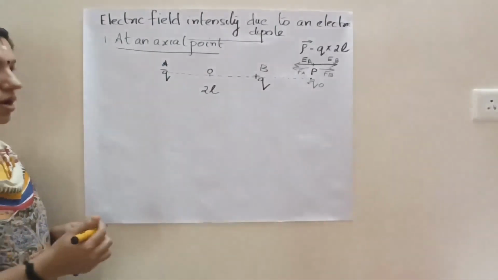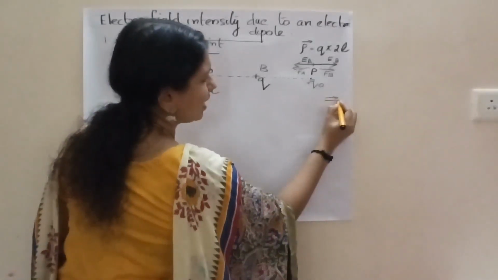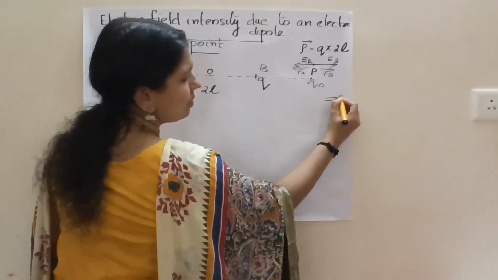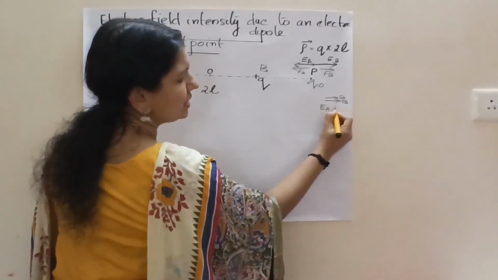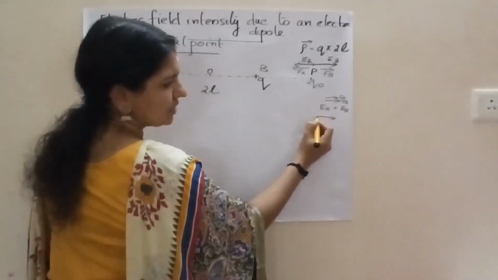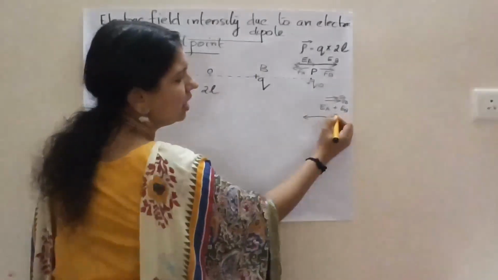You already know the direction of vectors. If there are two vectors in the same direction, you will take the sum. For example, if this is EA and EB, I will take it as EA plus EB. Now, if one vector is in this direction and the other in that direction, I will take the difference.